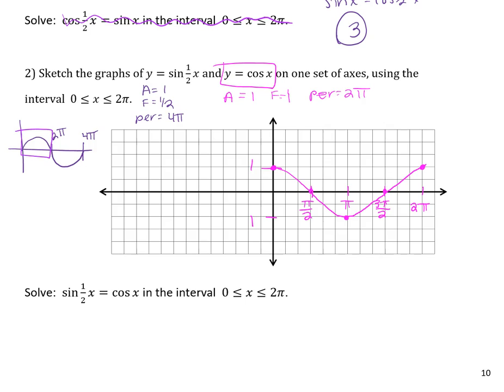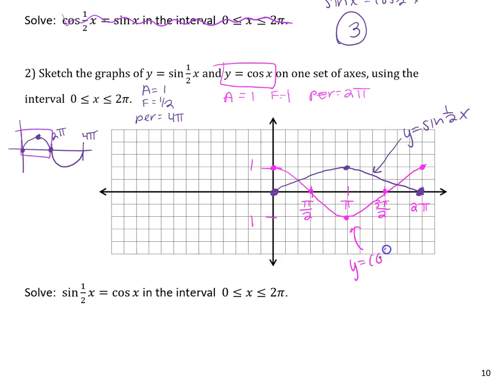I'm going to do these 2 x-intercepts and then the 1 max. It begins here, ends there for that first x-intercept, and then the hill will happen at pi. And that's all you're going to see. So this is y equals sine 1/2 x.